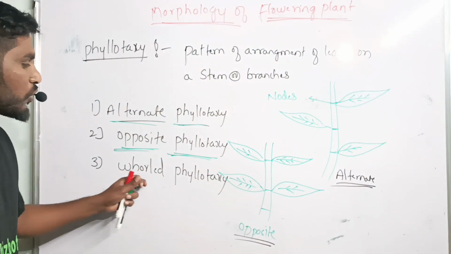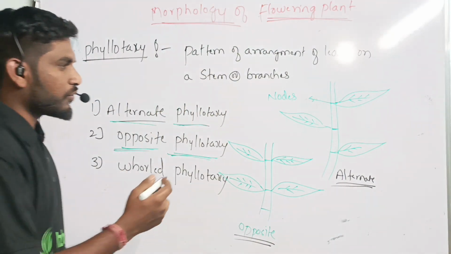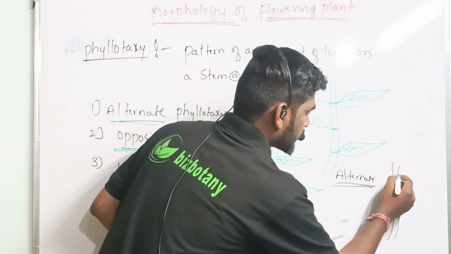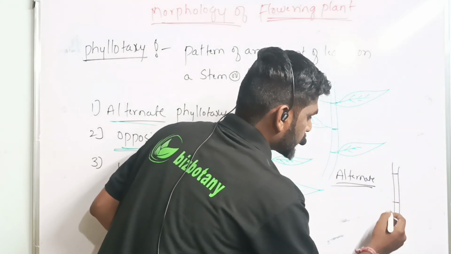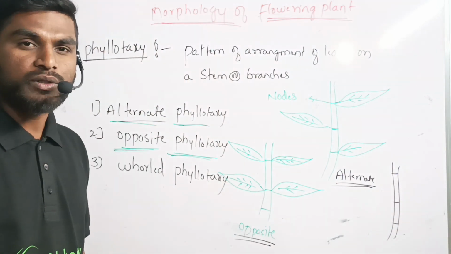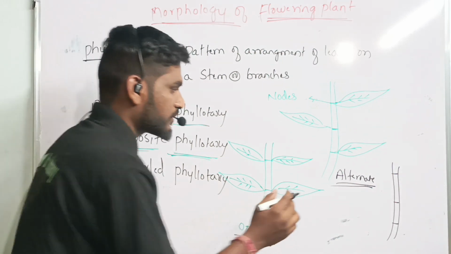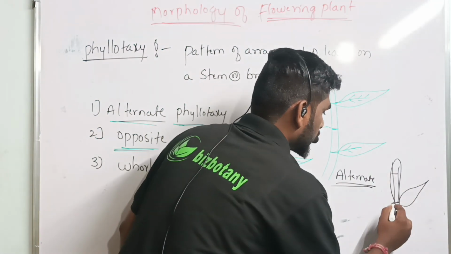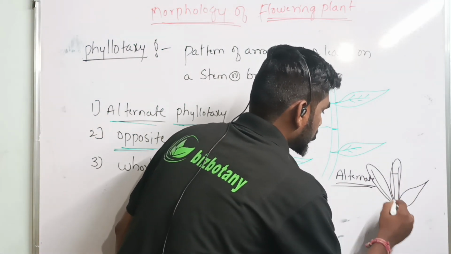Third one is whorled phyllotaxy. Consider this is our stem which contains a node. At the node region, more than two leaves are present.